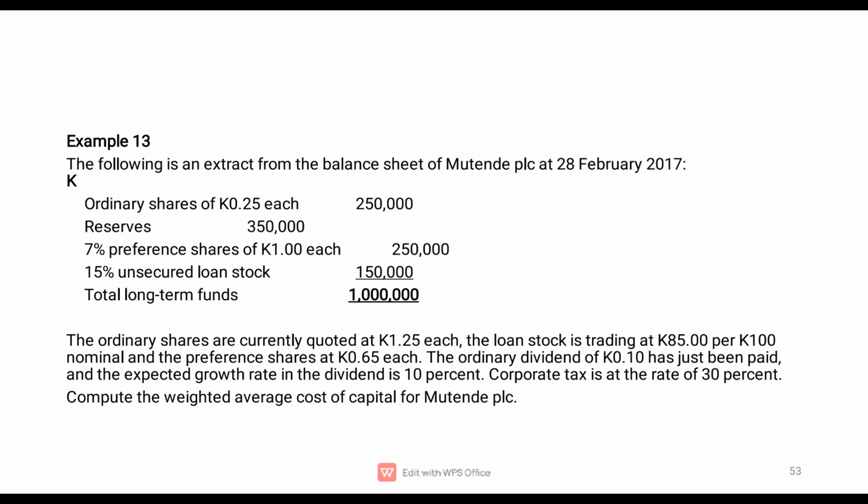The expected growth rate in the dividend is 10%. The corporate tax rate is 30%. The question is: calculate the WACC, the weighted average cost of capital, for the public limited company.